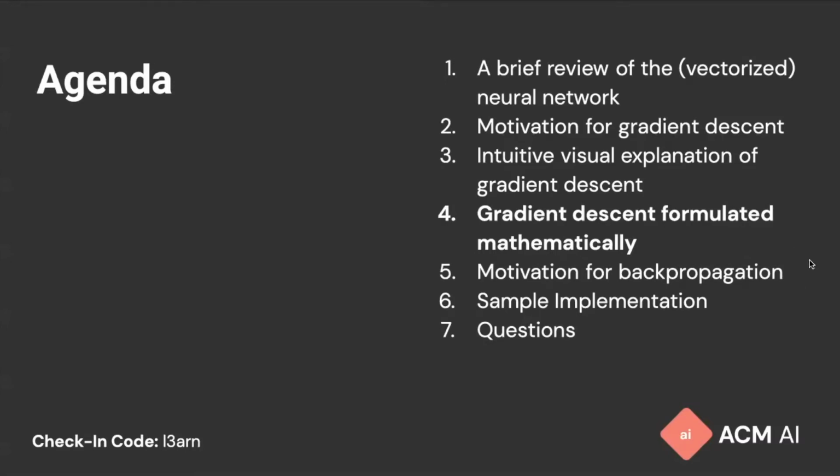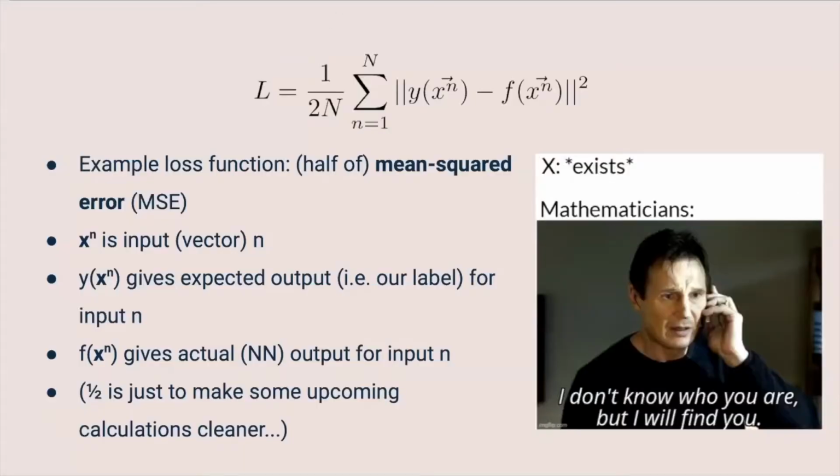Okay, so now we're going to be putting some math behind this intuition. Actually, let me first go to a whiteboard. So again, we'll just start with a simple example.